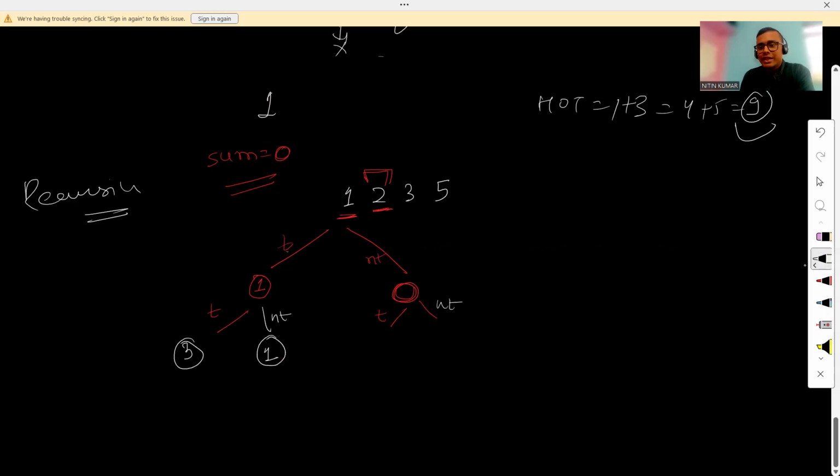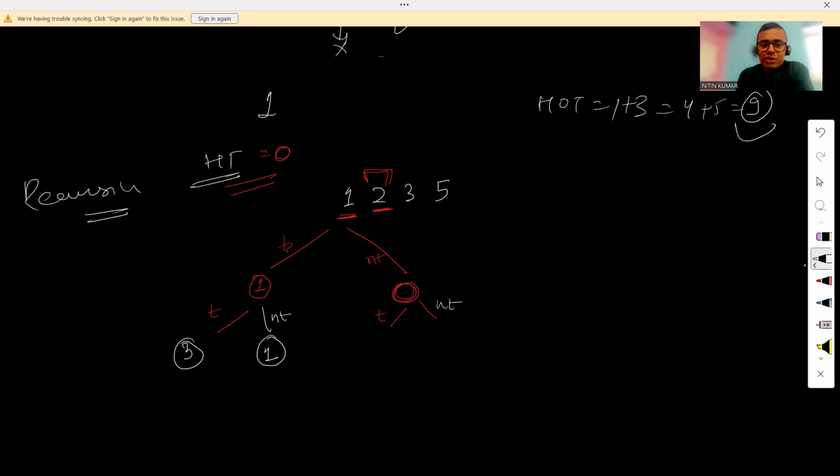And here we are also checking one more condition: before taking, the sum, which is currently the height of tree, HT, should be strictly smaller than the value that we are considering for taking or not taking.